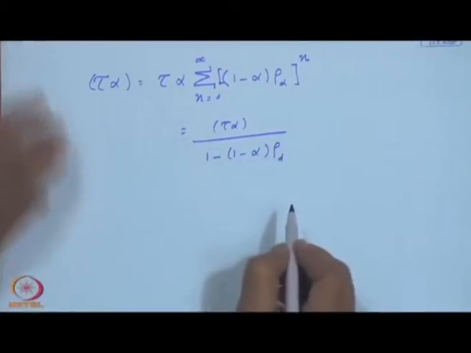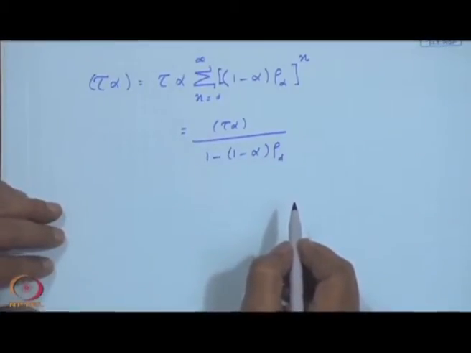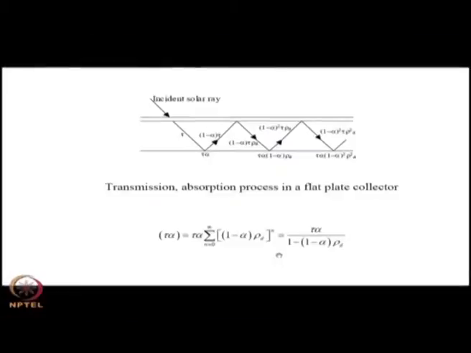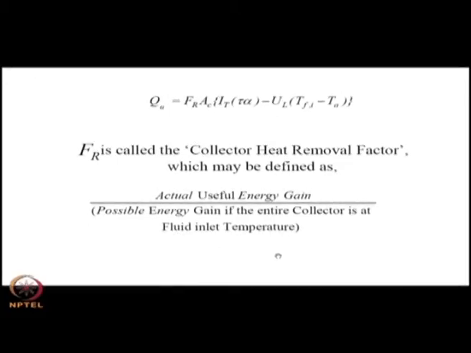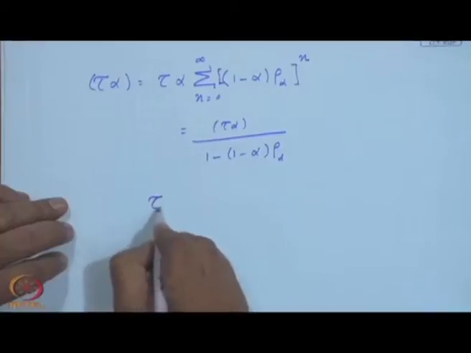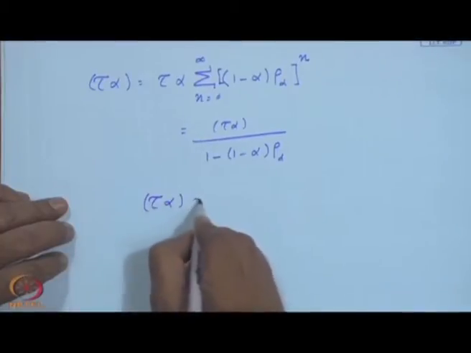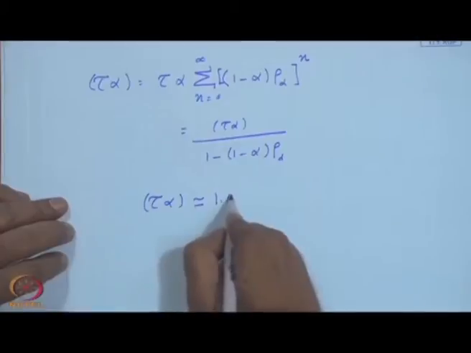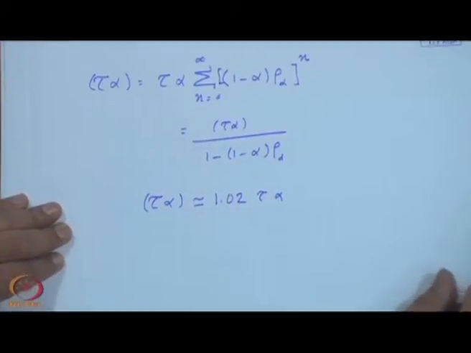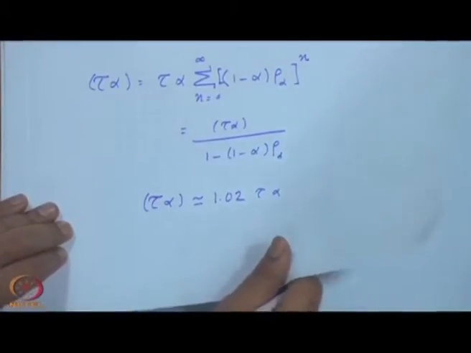This is the diffuse reflectivity of the surface. So, this is the actual formula for the effective transmittance absorptance product, which tells us it should be a little higher than the actual tau into alpha. And as a simple thumb rule, the effective transmittance absorptance product is approximately equal to 1.02 times tau into alpha. That means it is about 2% more than the product tau and alpha.